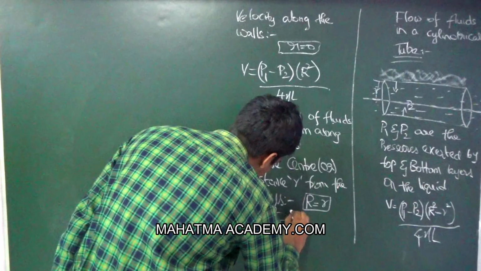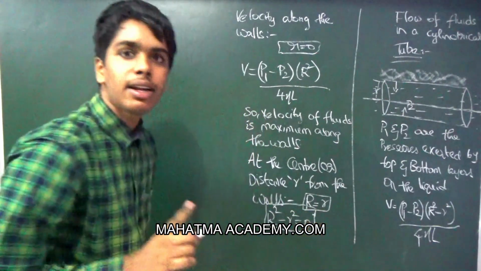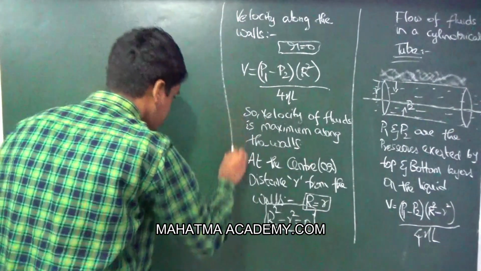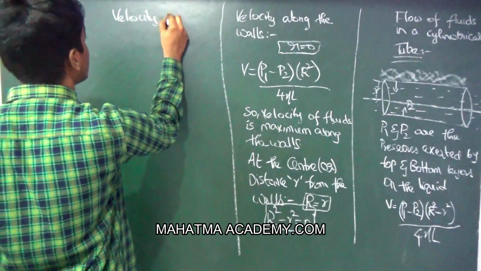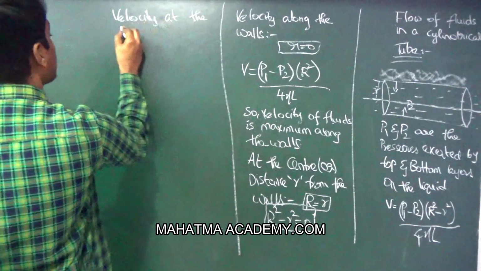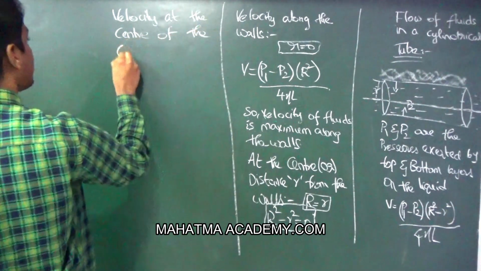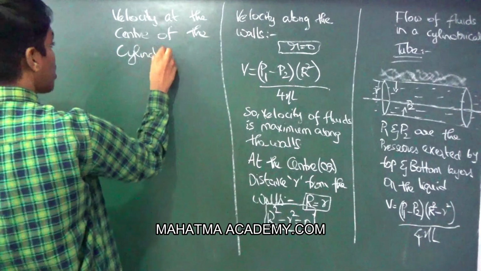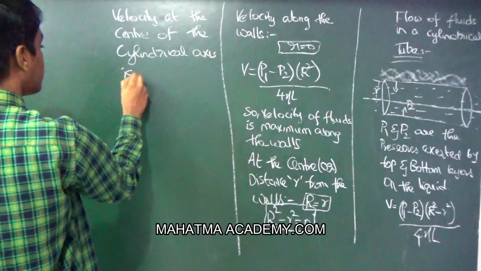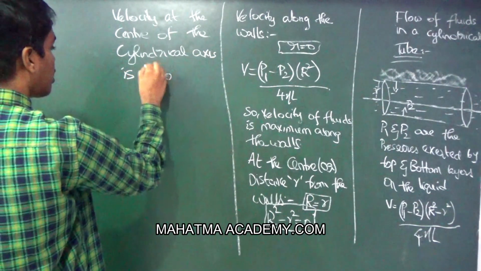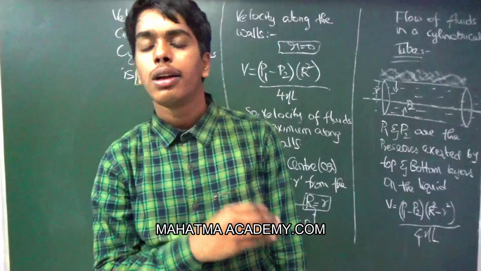We can conclude that the velocity at the center of the cylindrical axis is 0. This is the flow of liquids in a cylindrical tube.